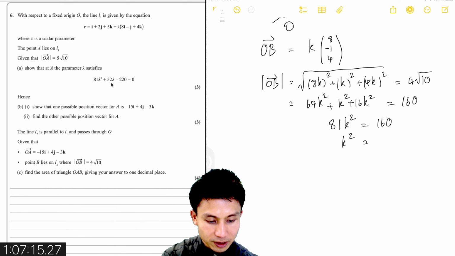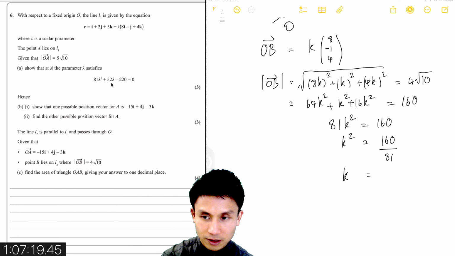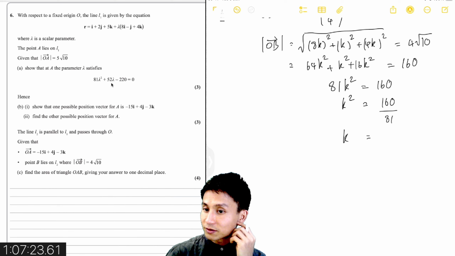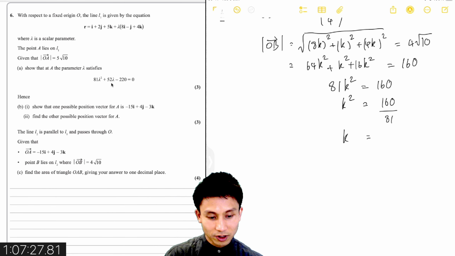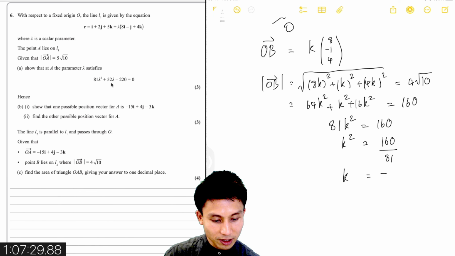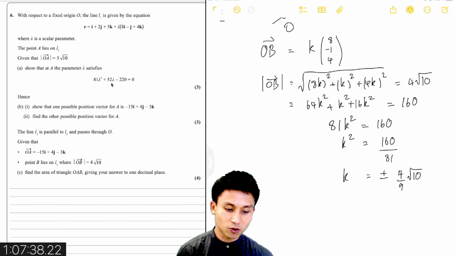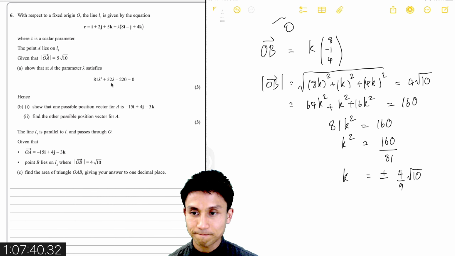And k squared is equal to 160 divided by 81, so we probably have to take it as a positive sign. Let's do plus minus here first. Square root of that, we get 4/9 √10. Yeah, we're just going to take that. So k is 4/9 √10. That's fine.